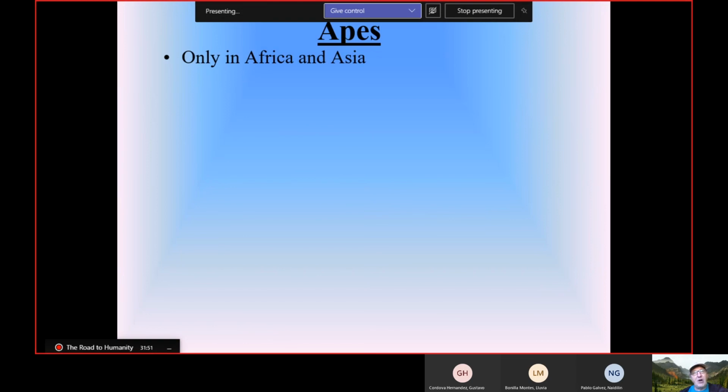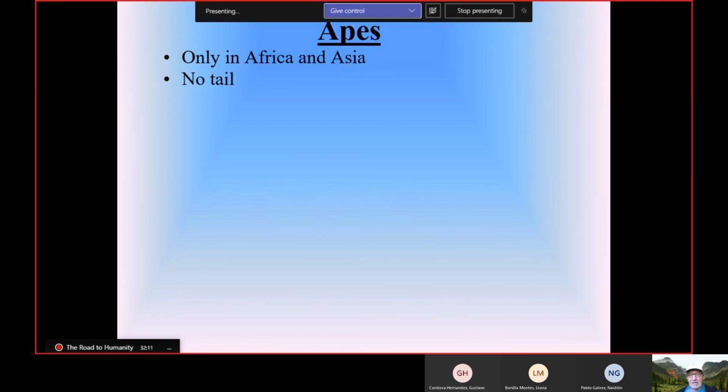So we probably evolved from them with apes along the way. And this kind of fits because Africa and Asia, the old world, are the only places that have apes. So the New World monkeys are not as closely related to us as the old world monkeys.